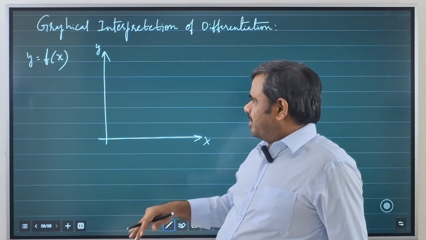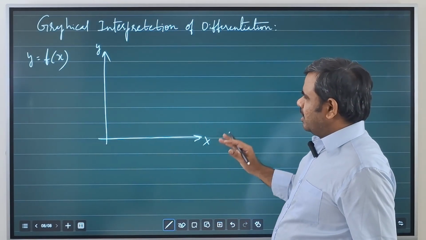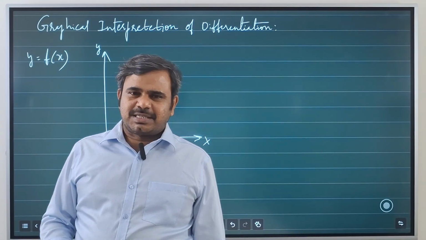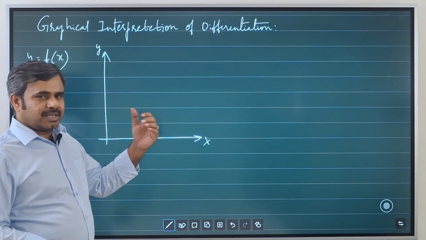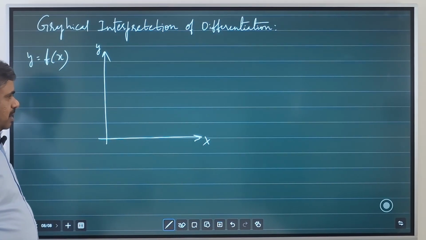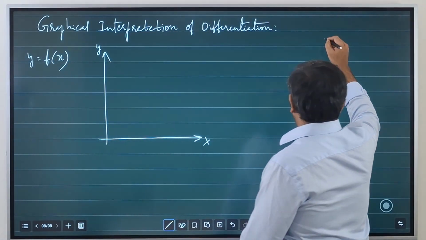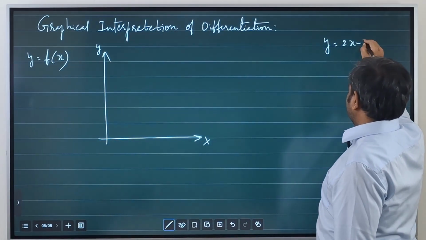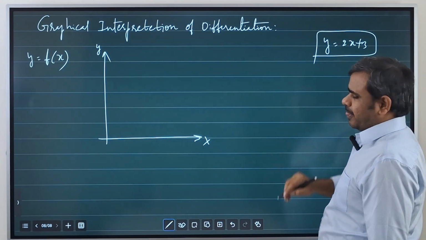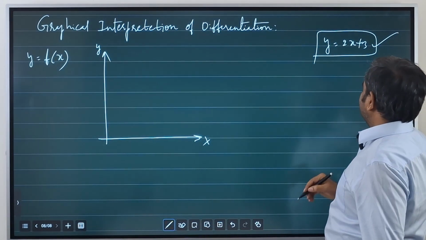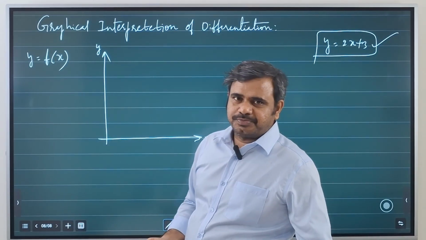So there are various varieties of graphs. So a graph is a picture in which we understand how y changes as x changes. Like the equation y is equal to 2x plus 3, this equation tells us how y changes as x changes.